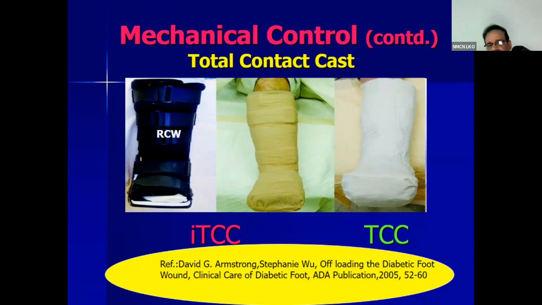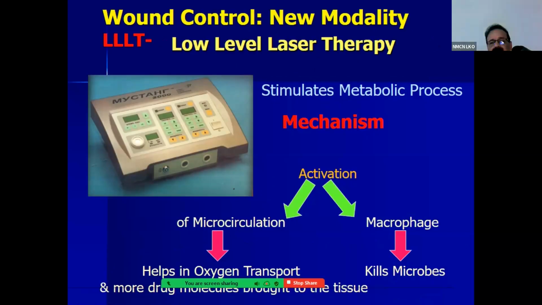Otherwise, if you ask the patient to wear only a removable cast walker for offloading, he may open it in the night and then wear it again, so the full advantage of offloading may not be there. With this ITCC, these side effects of TCC may not be there, because one needs expertise to apply TCC. All these things can be taken care of by the ITCC.